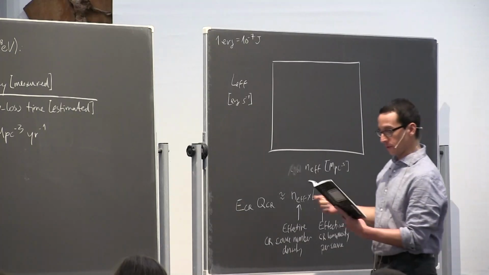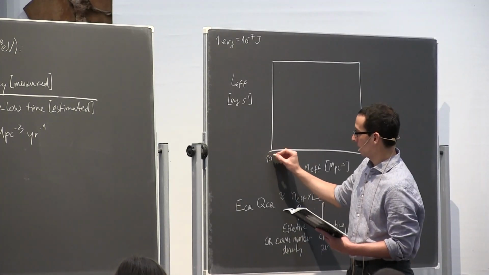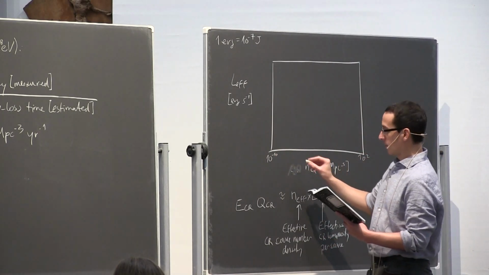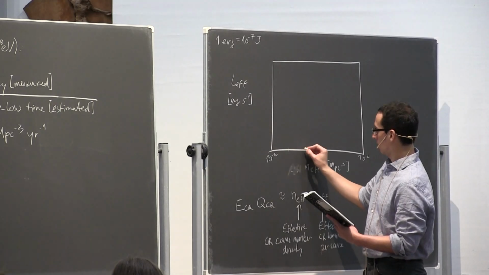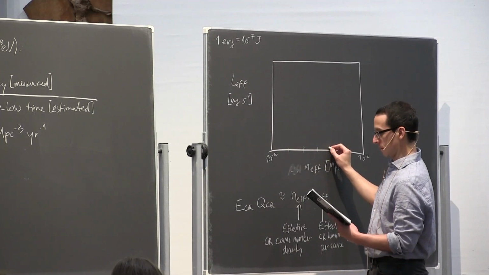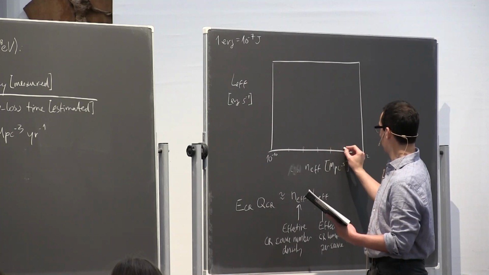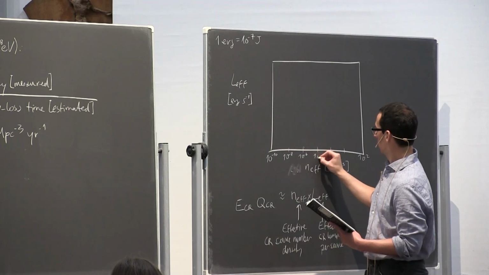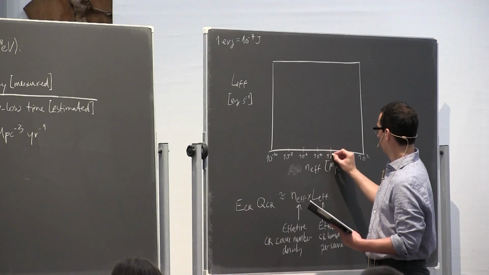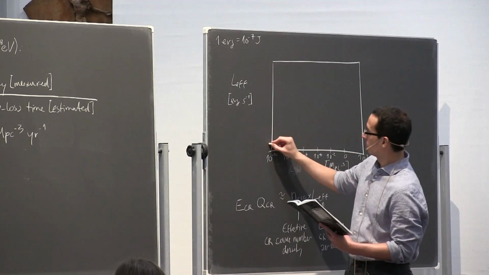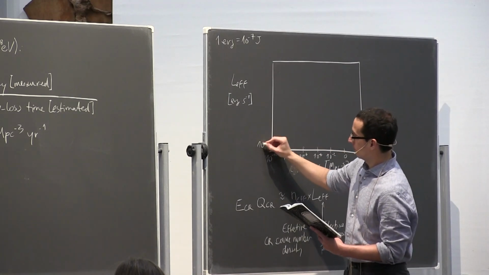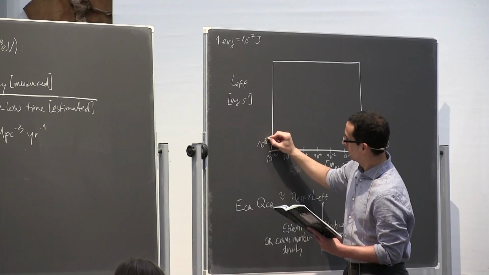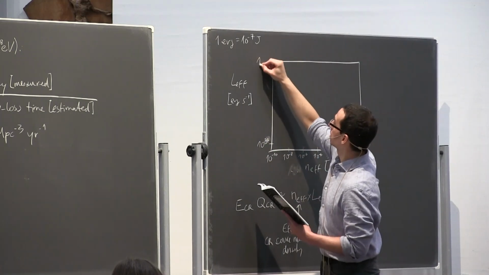Let me write a few orders of magnitude here, 10 to the minus 10. This is 10 squared. So let's see, 8, minus 6, minus 4, minus 2, 0. And this goes from 10 to the 34 in those units to 10 to the 48.